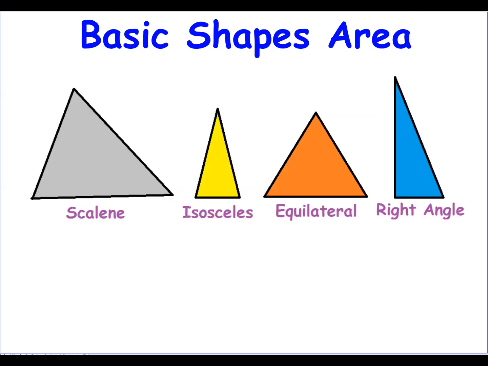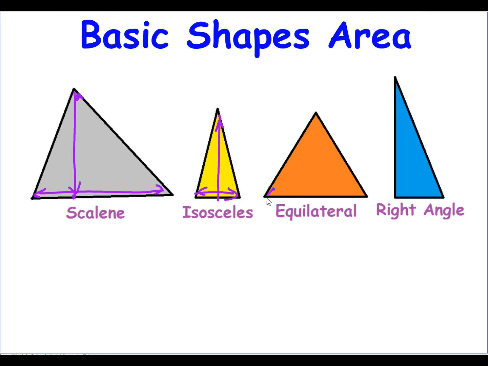Now, to calculate the area of any of the types of triangles, you need to multiply the base by the vertical height. So the base times the vertical height.